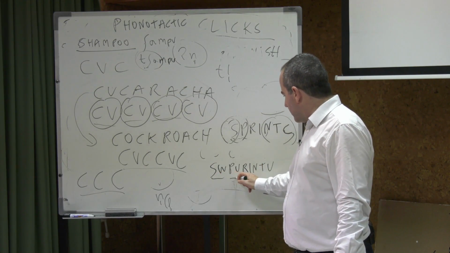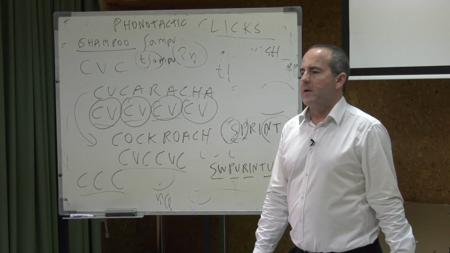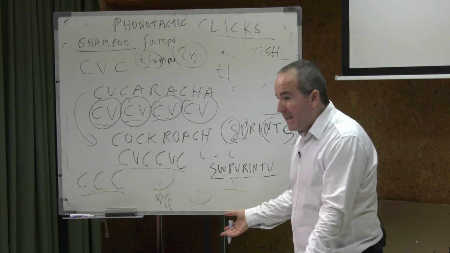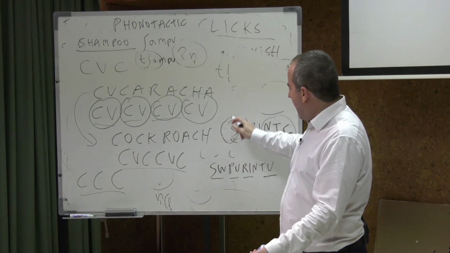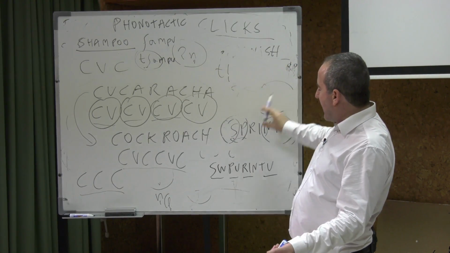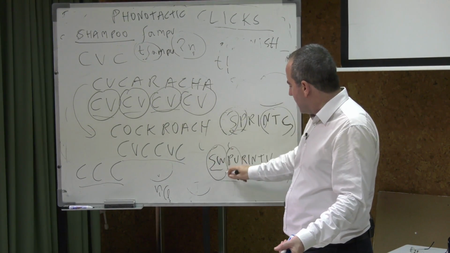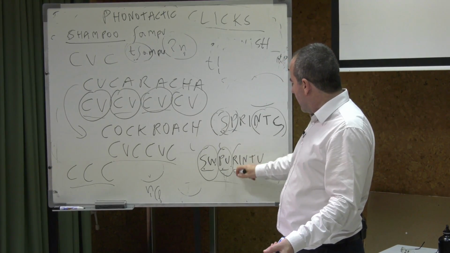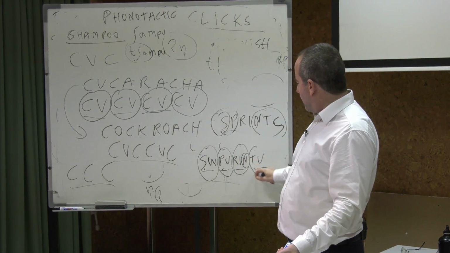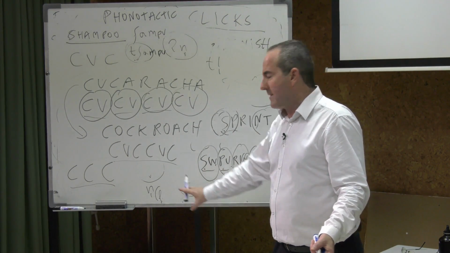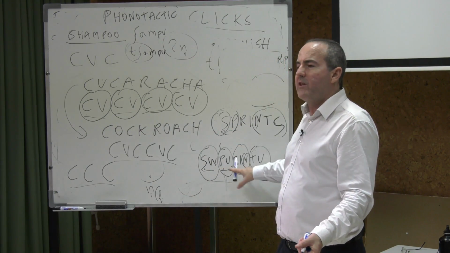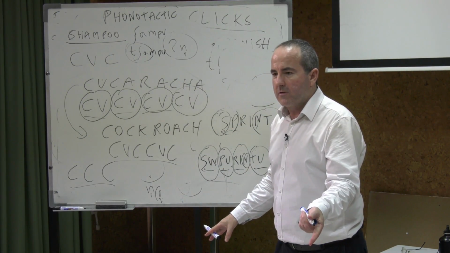So they say 4 syllables. Why? Because in Japanese it's not possible to have the syllables that we can have in Spanish. They have to be much simpler. They have to be consonant, vowel, consonant, vowel. At the most you can have these, but they have to be simpler. That's why they have to make it into 4 different syllables, okay?